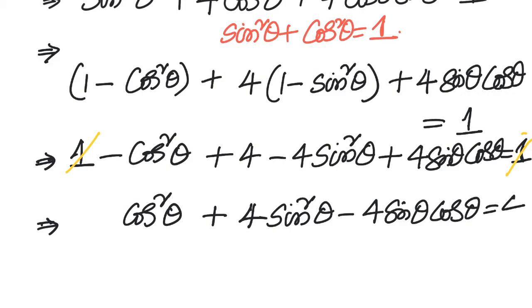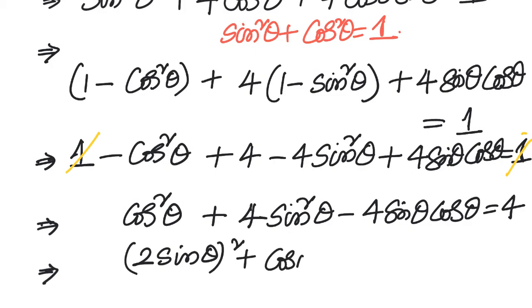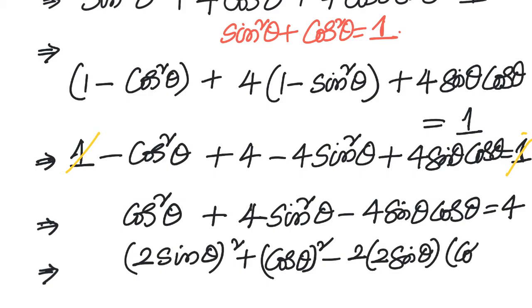Now we have here a square plus b square minus 2ab, if you are able to observe that. So we can go ahead and identify what our a and b are here. a is 2 sin theta and b is cos theta. You have a square plus b square minus 2ab, 2 into 2 sin theta into cos theta, equals 4, which can be written as 2 square.